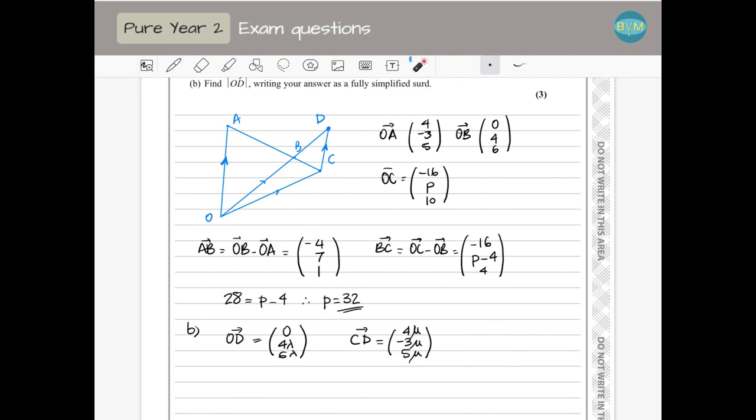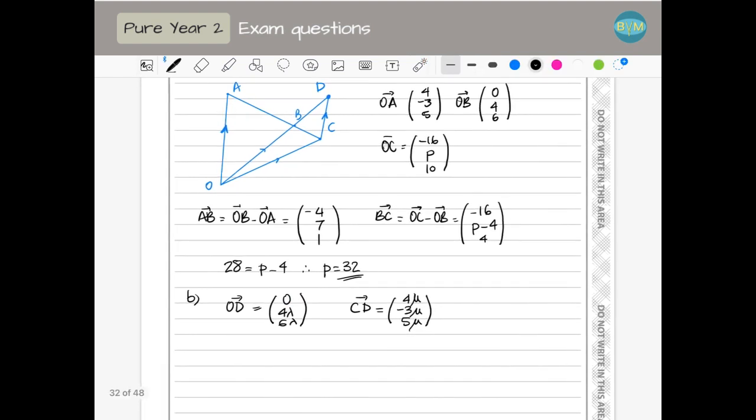And I know that OD is going to be OC plus CD. I'm going to substitute all that I have, and from here I will be able to find the scalars.